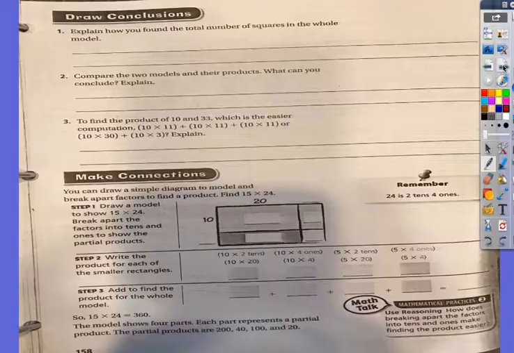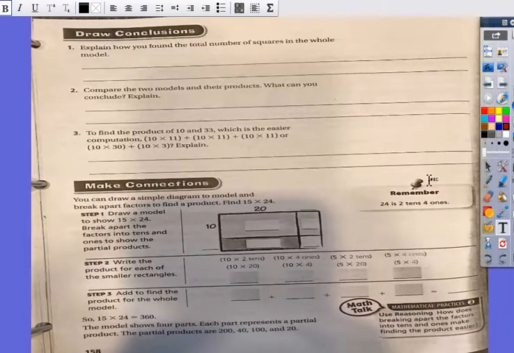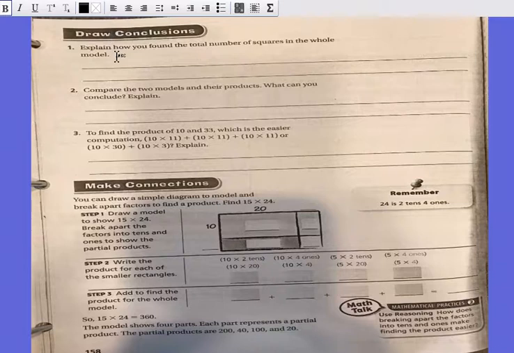Alright, so let's take a look at some of these questions here that we should answer. Explain how you found the total number of squares in the whole model.